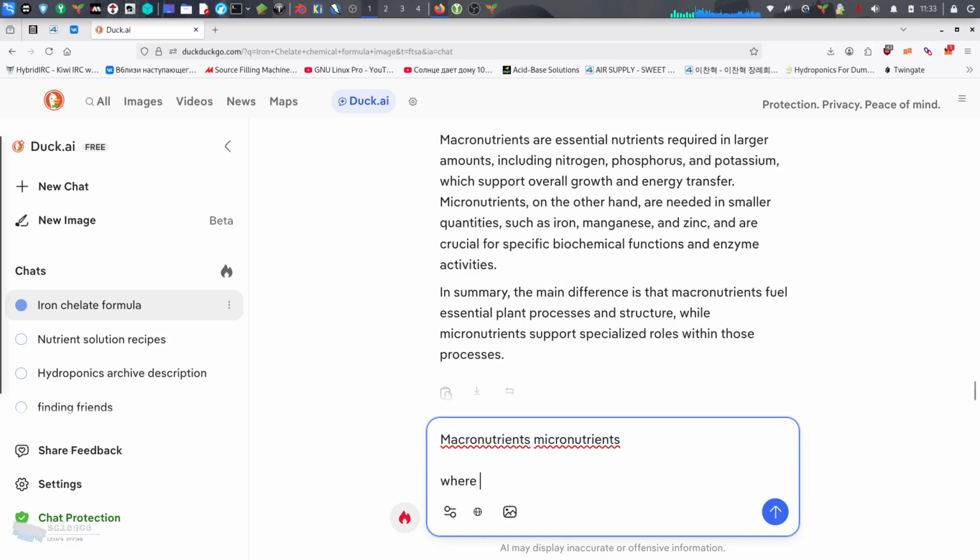Where, how to get this, what to use to make a solution with all nutrients.